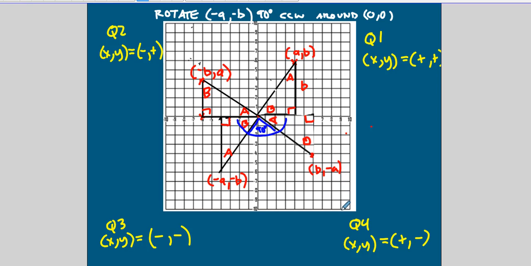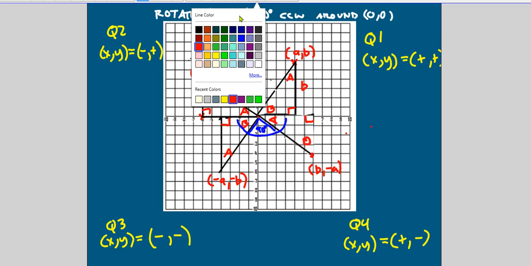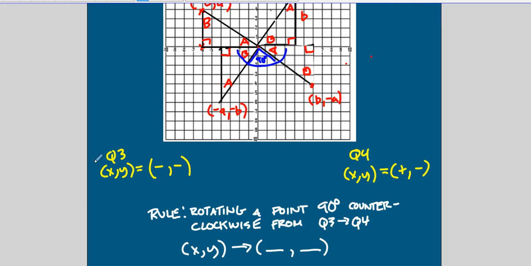Okay, so let's take a look at what we did here. If we go from negative A, negative B to B, negative A, what's going on? Well, notice that x gets moved to the y position again.